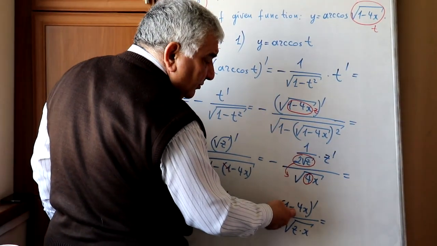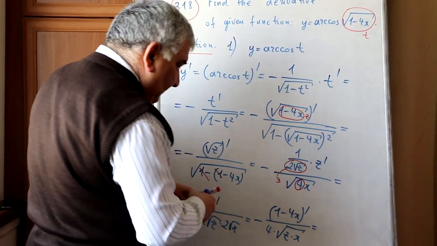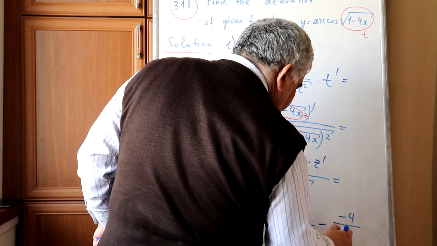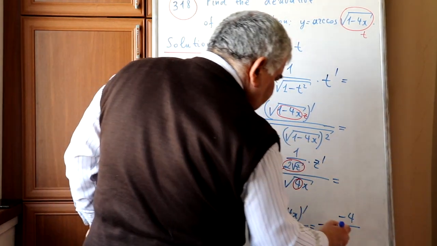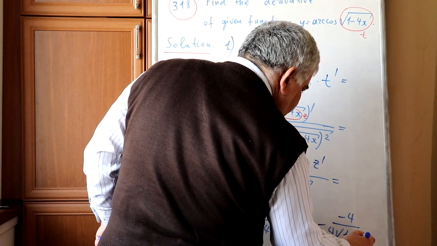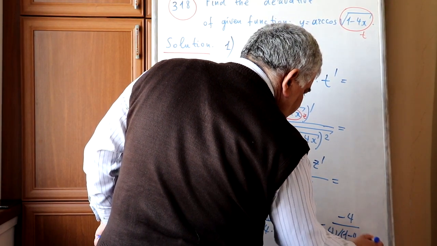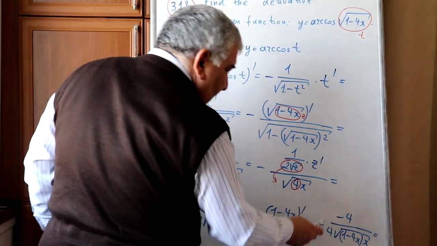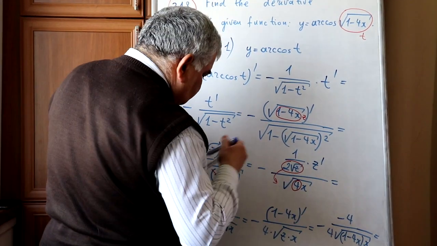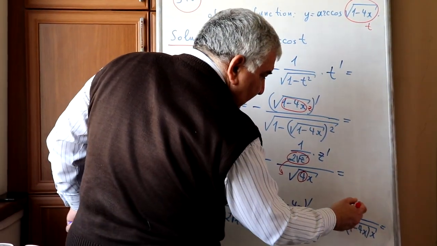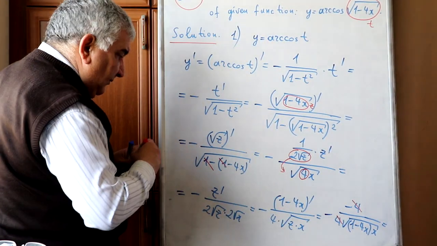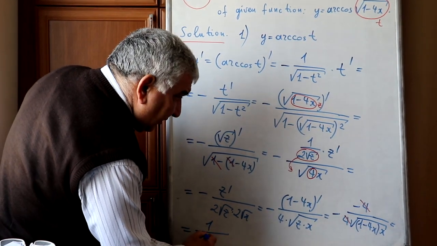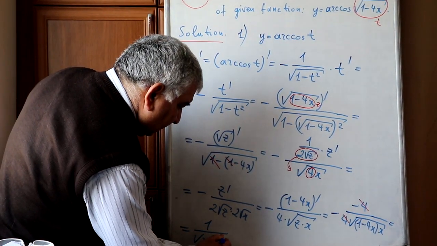Slope here is equal to minus 4, which is minus 4 over 4 square root, z is 1 minus 4x, 1 minus 4x multiplied by x under root equals minus will give plus, and here we can simplify it by 4. Then finally we have 1 over square root of x minus 4x squared. It is our answer.